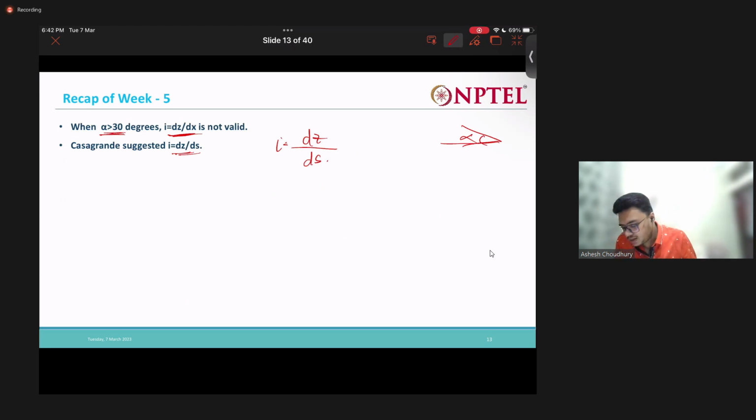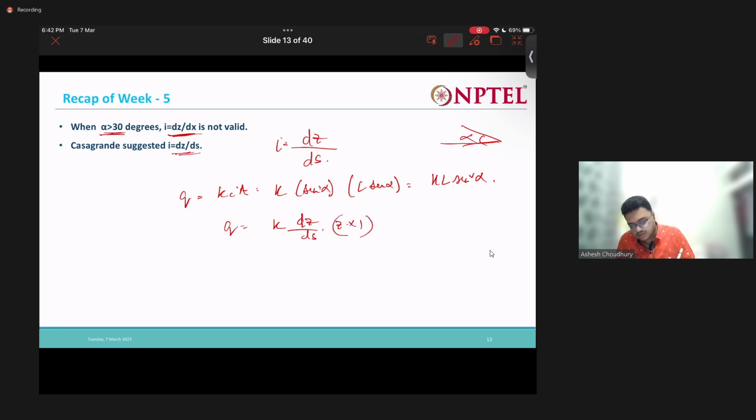Again, using this relation, we derive everything. So I will just write it down. My q is equal to k into I, where I is dz by dx, into z into 1.